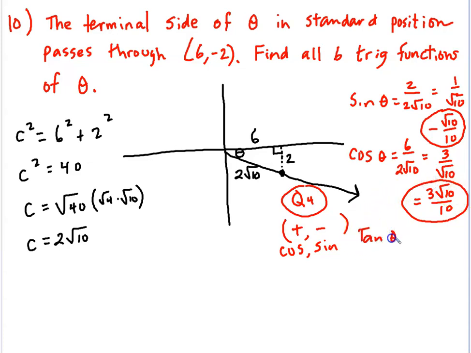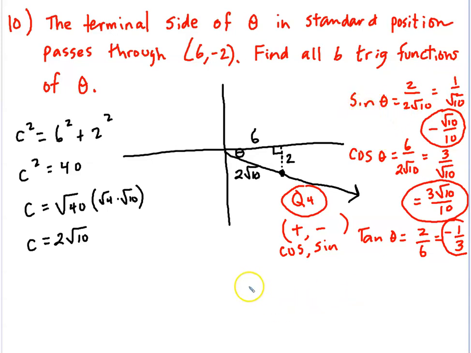Tangent theta is opposite over adjacent, 2 over 6, which reduces to 1/3, but tangent, remember, is sine divided by cosine. That's a negative divided by a positive, so tangent is also going to be negative in quadrant 4. And now all we have to do is flip these over to get the reciprocals.